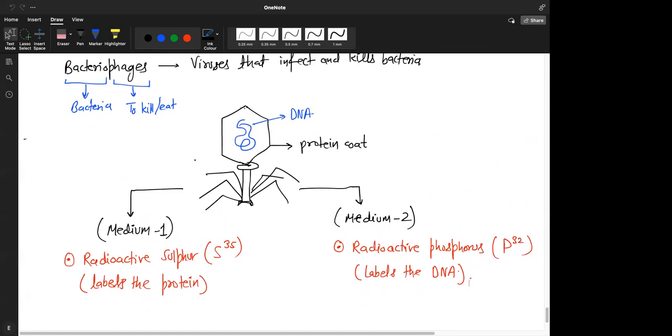Sir, can you again explain this medium thing? Can I again explain what? Sir, this medium, the separate mediums. So they used 2 medium. In one, they used radioactive sulfur, and in the other, they used radioactive phosphorus. So these are radioactive elements.